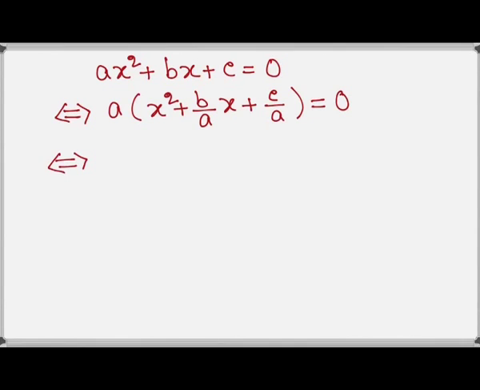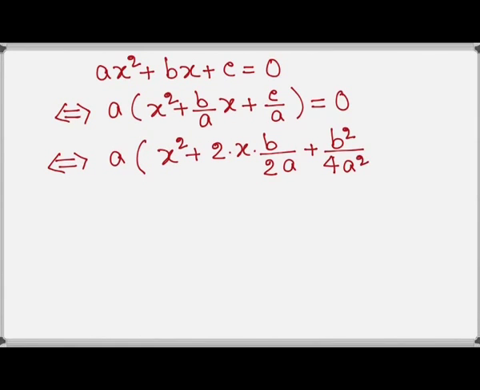So therefore this is same as a into x square plus 2 into x into b by 2a plus b square by 4a square, minus b square by 4a square plus c by a is equal to 0.